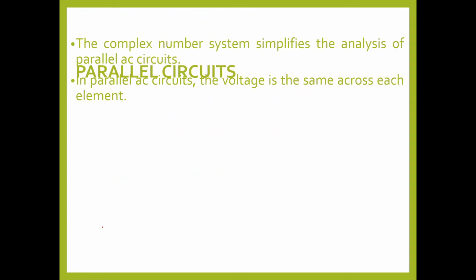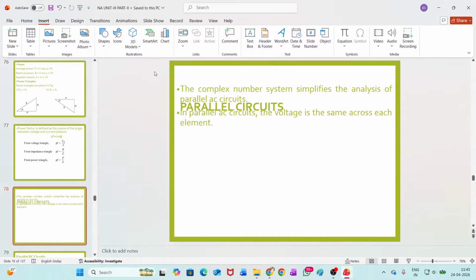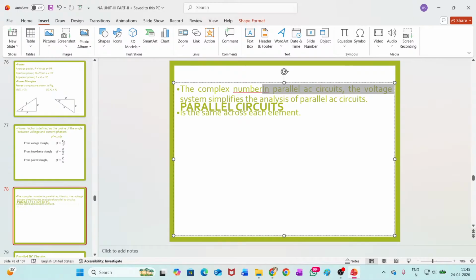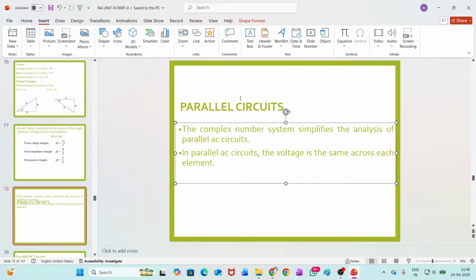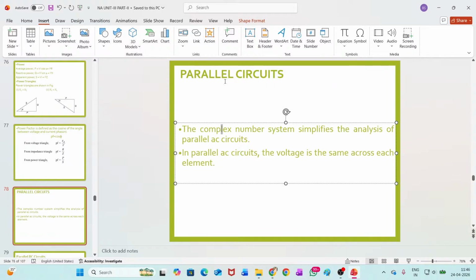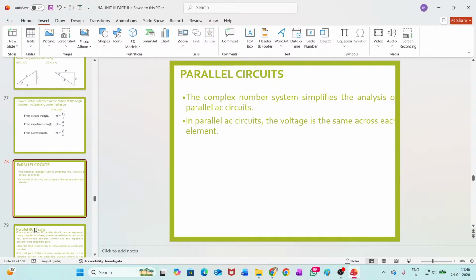Okay, so now let us see the parallel circuits. We have seen series. Now let us see the parallel circuits. So parallel means resistor, inductor, capacitor will be connected in parallel.